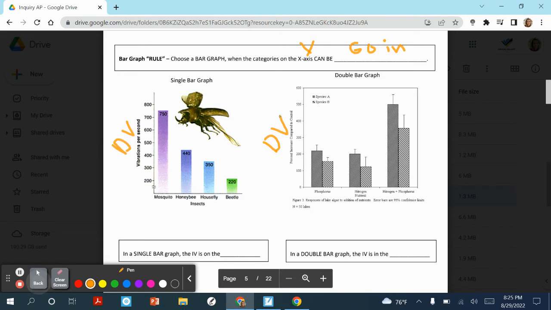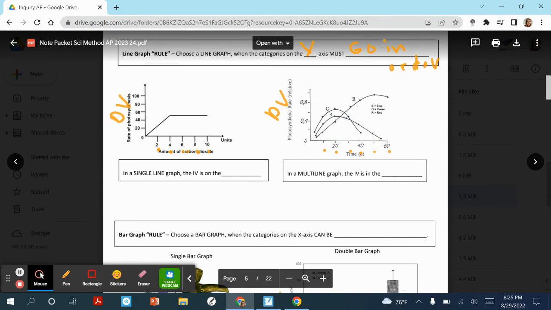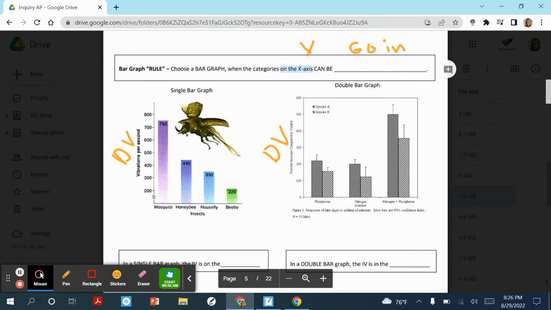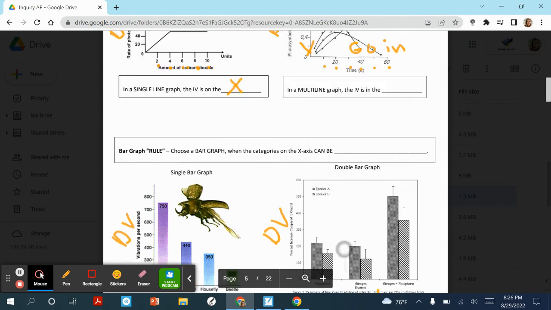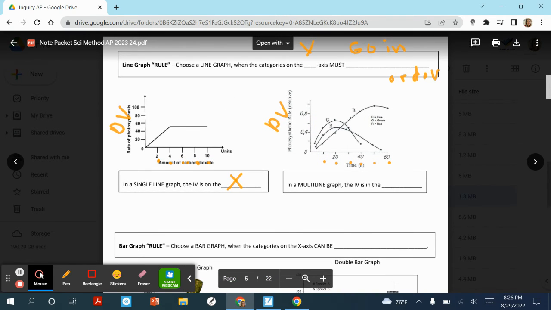Okay, the IV can be a little bit trickier. So going back up here, if we have a single line graph, our IV is on the X. For all graphs, the IV is going to be on the X unless you have a multi-line graph like we have up here at the top.